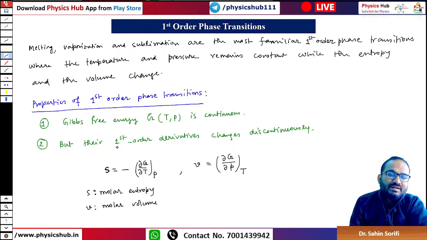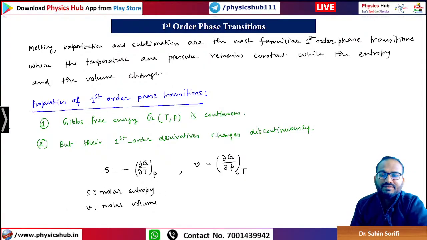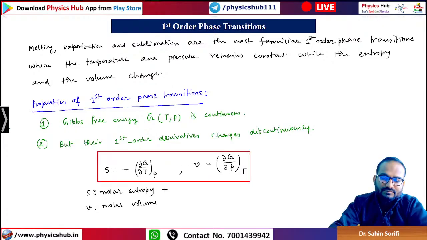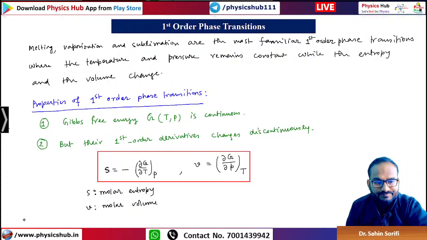Now, how is this coming? S is equal to this and V is equal to this. Can you prove it? Of course you can, because you have done thermodynamic potentials.